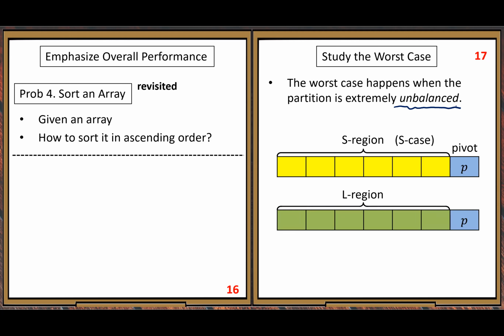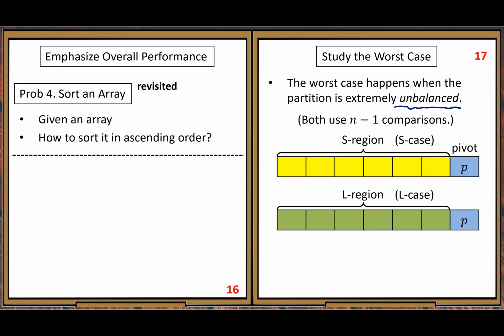Similarly, we have the L region case as the L case. If we have things like this too often, then the overall performance will be very, very slow. And finally, we will get a worst case for the quicksort.